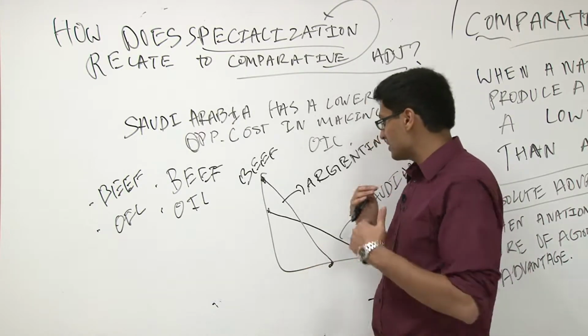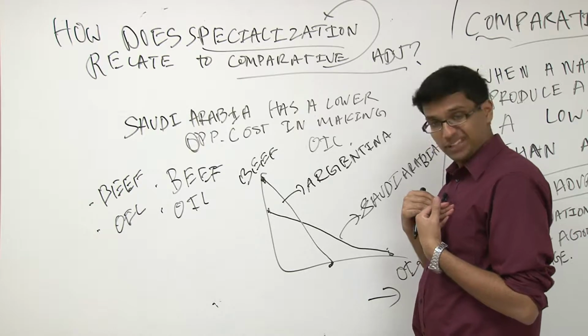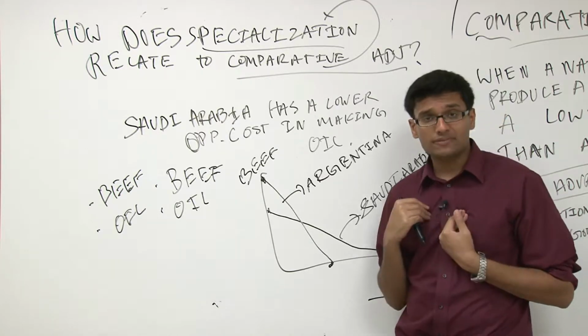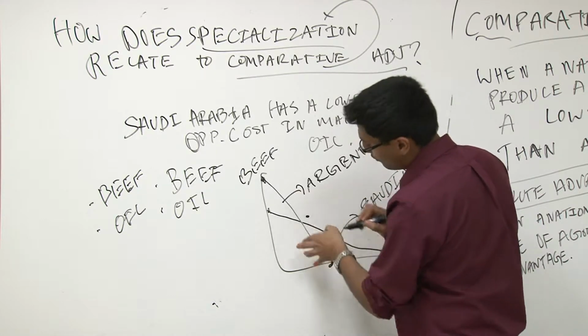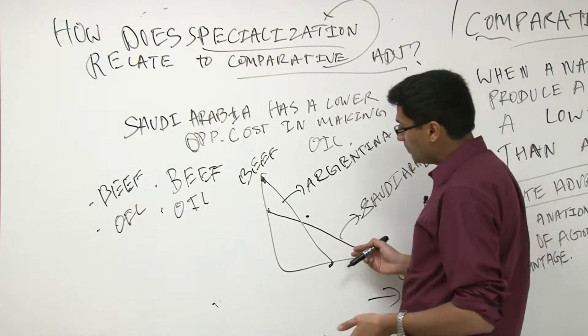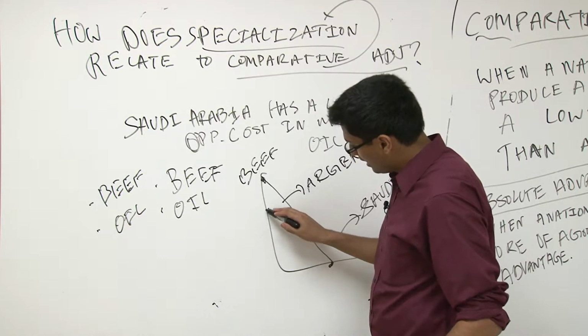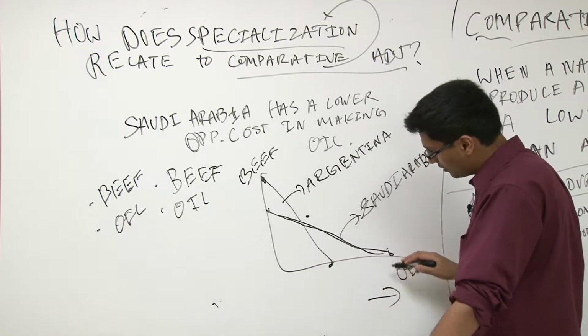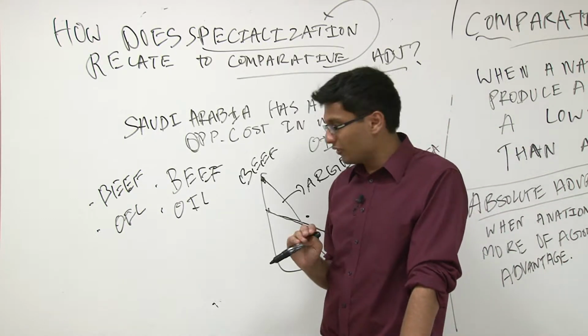What if I'm in Saudi Arabia, and I like to consume beef. At the same time, I like to drive, I want to consume oil. So what if me as a consumer in Saudi Arabia likes to hang out around here? Well, our PPF says that it's actually impossible because you can only be in this range. Look at the PPF. So what if Saudi Arabia just specializes in oil?